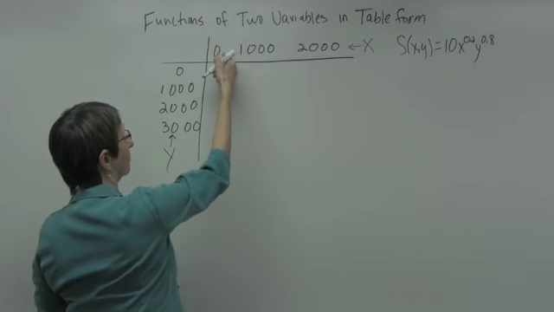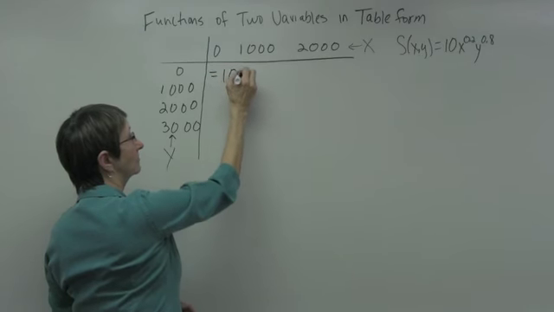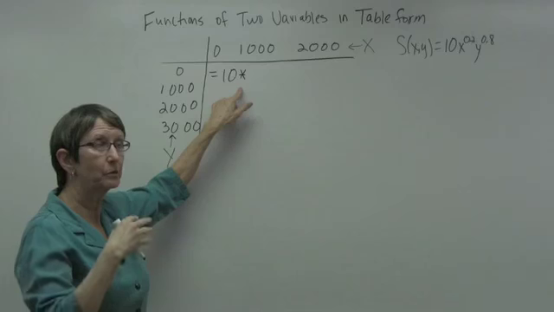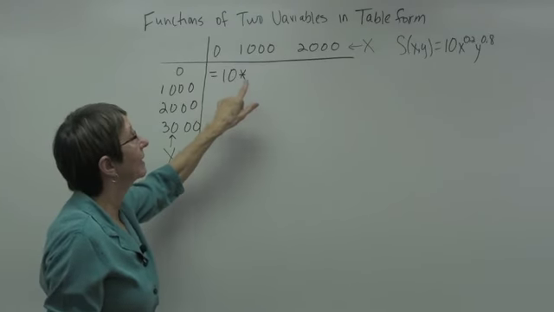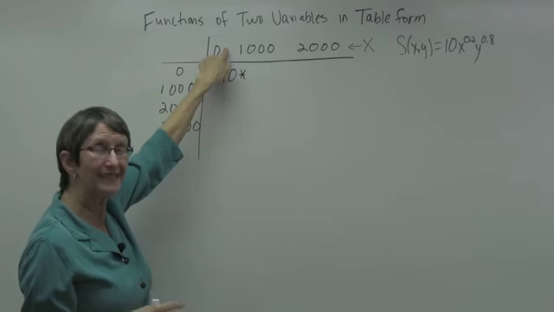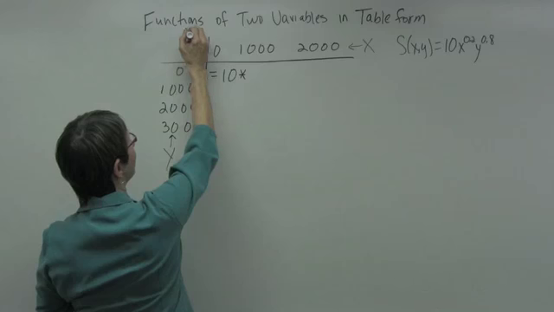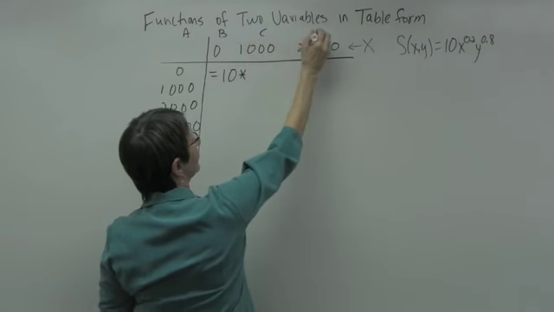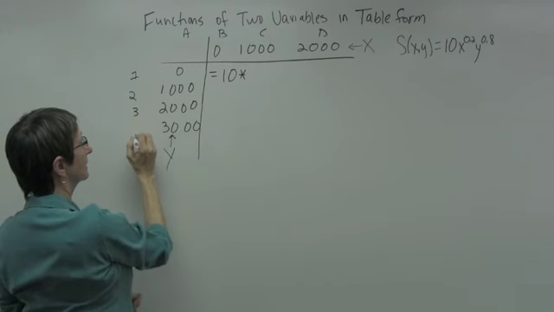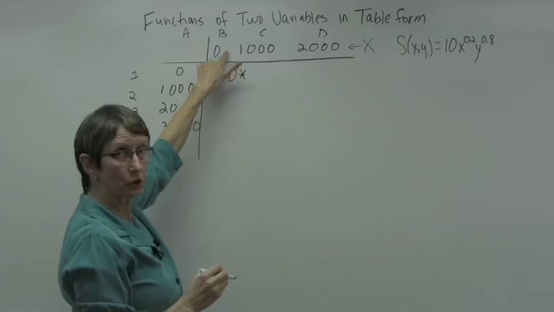Let's look in this cell right here. And then you would put 10 times, and you always put the times sign when you're multiplying between any two things in Excel. In the past, you would have selected your number, the cell reference, and plugged it in. If this is column A, B, C, D, and this is row 1, 2, 3, 4, then you would reference B2.